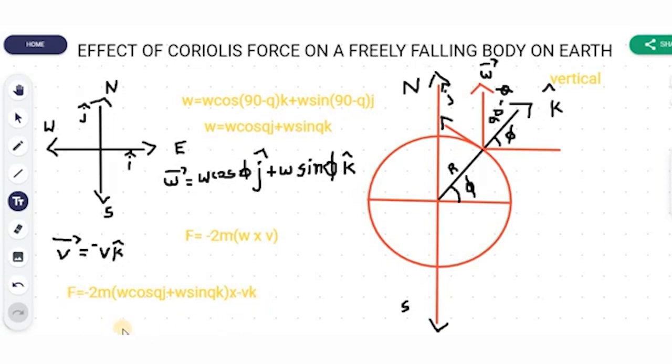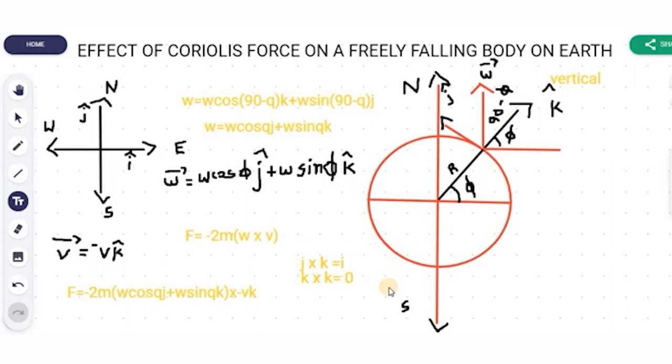And k cross k is 0. J cross k is equal to i, and k cross k is equal to 0.